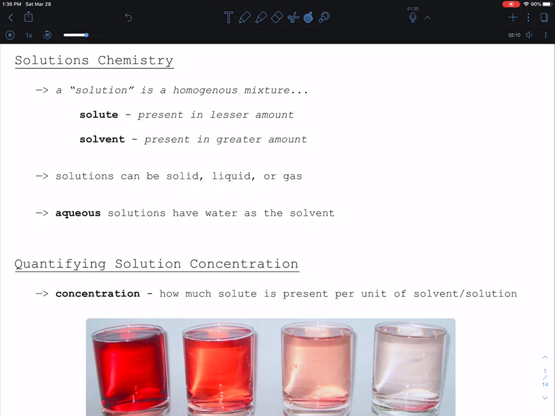We can also have solutions that are in the gas phase. So we can have a solution of a bunch of different gases, like air, for example, where the gas or the molecule that's present in the greater amount is nitrogen gas. And then there's a bunch of other little gases that are dissolved in it, right? So air, usually for us, is mostly nitrogen gas.